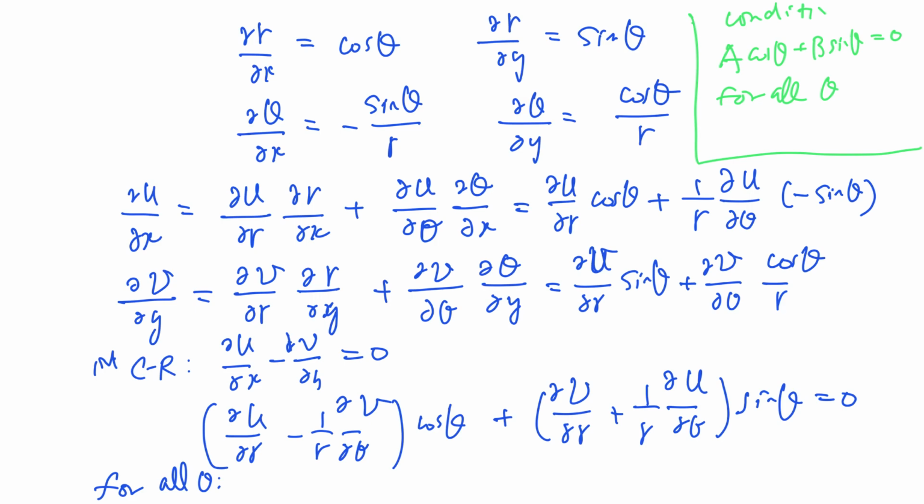When theta is equal to 0, a must be 0, right? When theta is equal to pi over 2, then cosine theta is 0, so b must be 0, right? So the only condition is that a and b have to be 0, right?